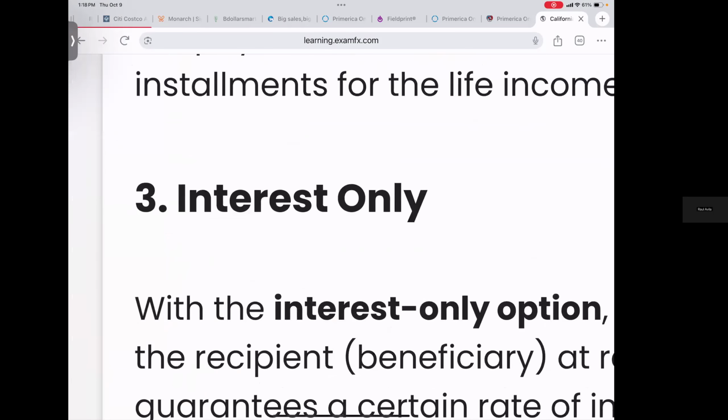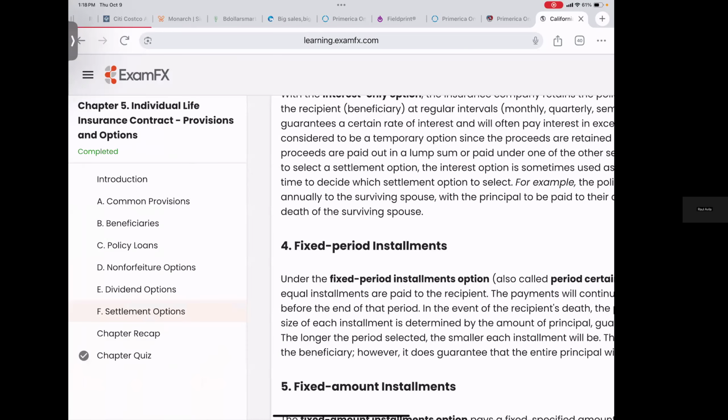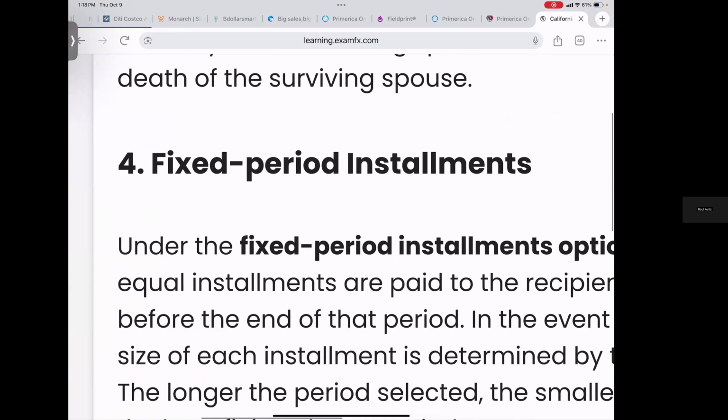Interest only. So that one is like, look, Larry, if I die, just put my money in an account and give my wife interest from that money. Fixed period installments. Fixed period means, Larry, if I die, I want my wife to get income for this period of time, 30 years.